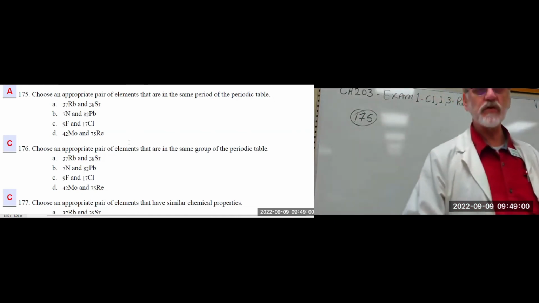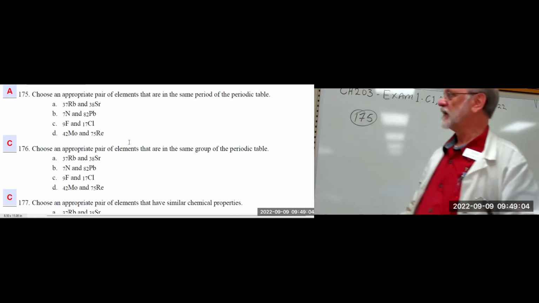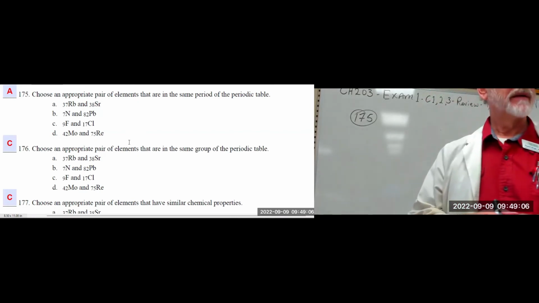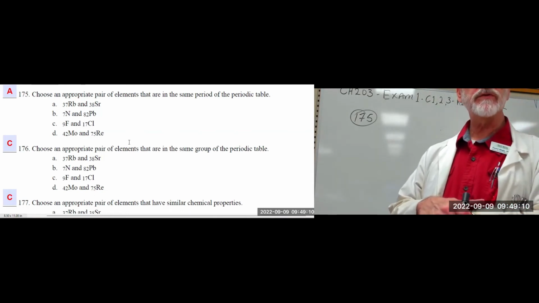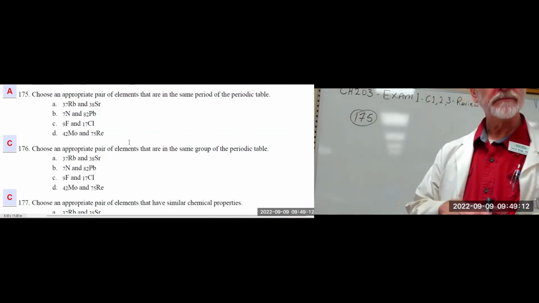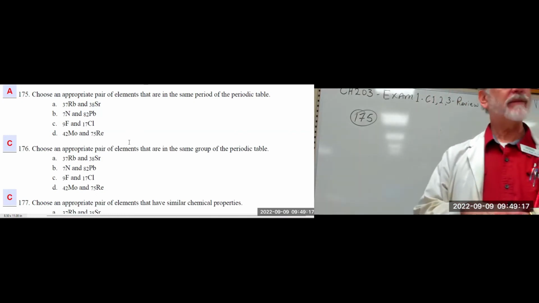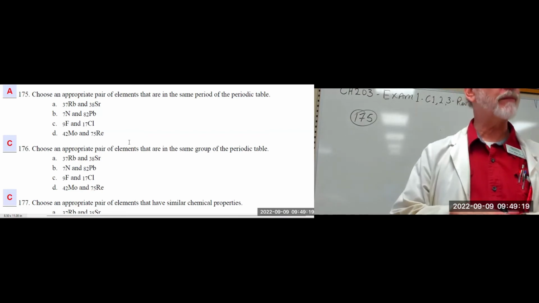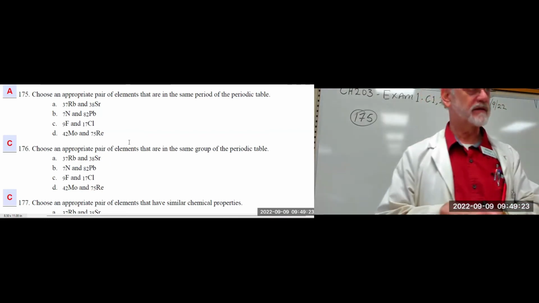So if you see two that are wildly apart, like B, nitrogen and lead, they can't be in the same period, right? They're too far apart with the numbers of protons. Fluorine and chlorine, they can't be in the same period because they're in the same family. And you can't have two members of the same family in the same period, right?